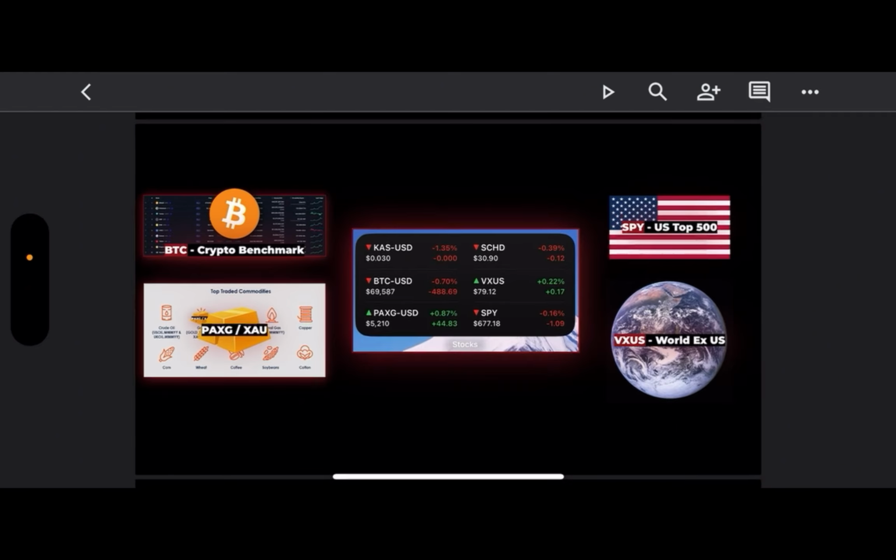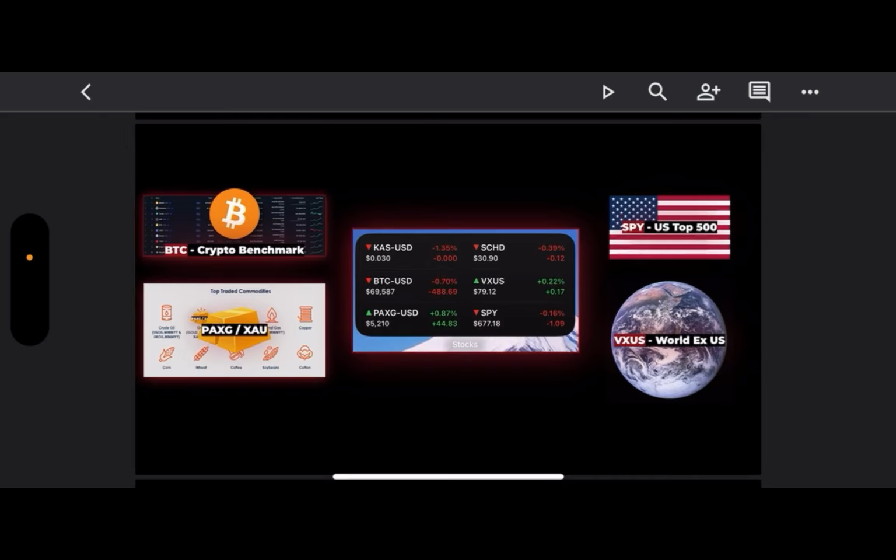So when I pull up the tickers, you can have a quick assessment of the world market condition. SPY is the American companies, whereas VXUS is world companies except the US. Combining them, we understand the current world market conditions.